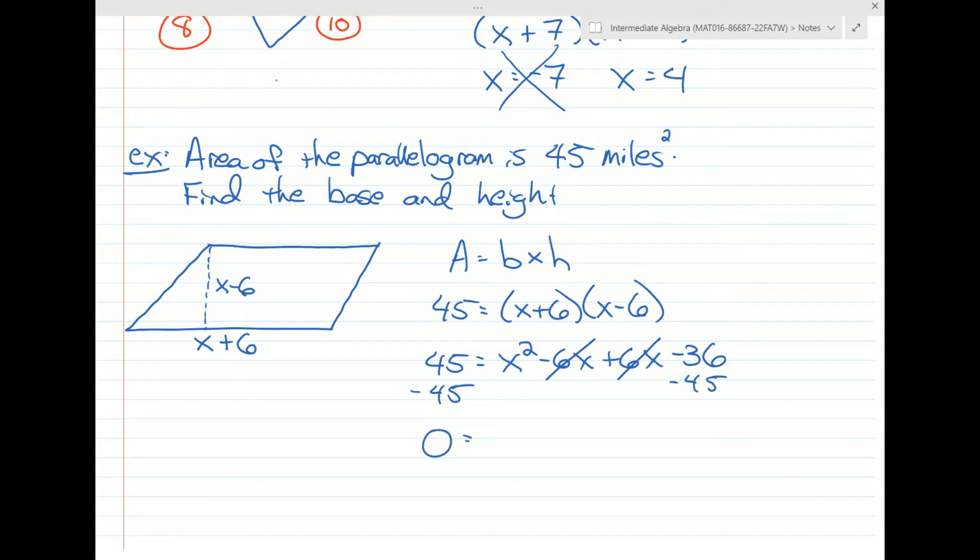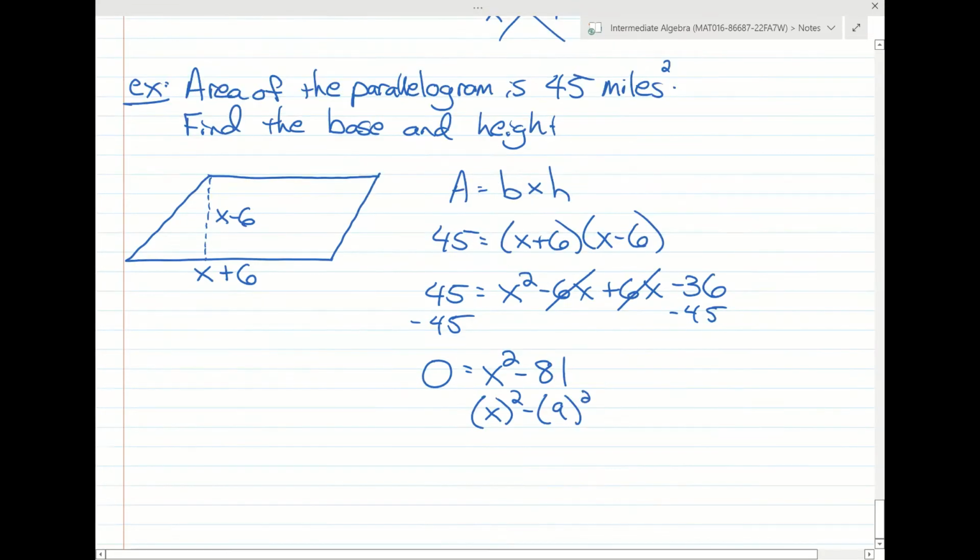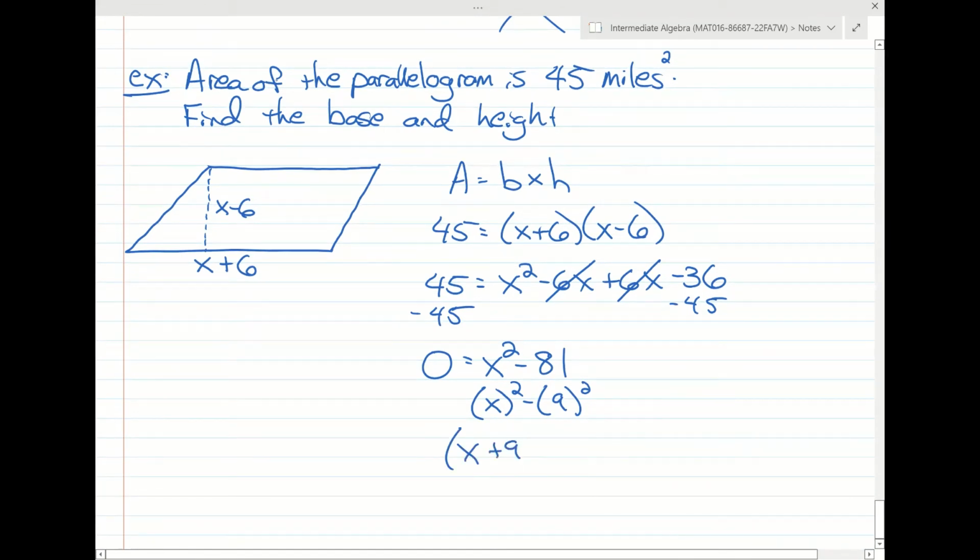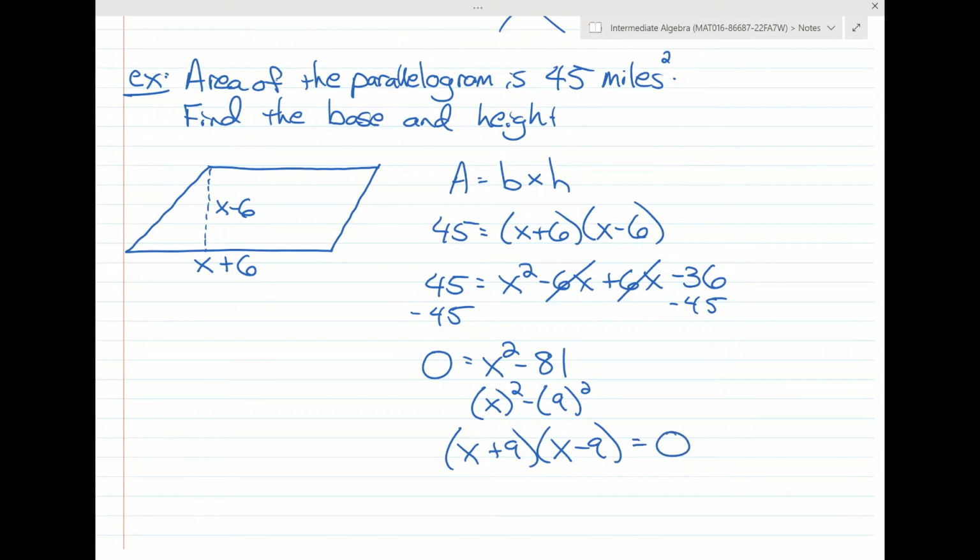We'll just get 0 is equal to x squared minus 81. Doesn't matter what side you put the equal sign on. From here, this is a difference of perfect squares. And this would be x plus 9 times x minus 9. So x plus 9 is 0. X would be negative 9 and positive 9.